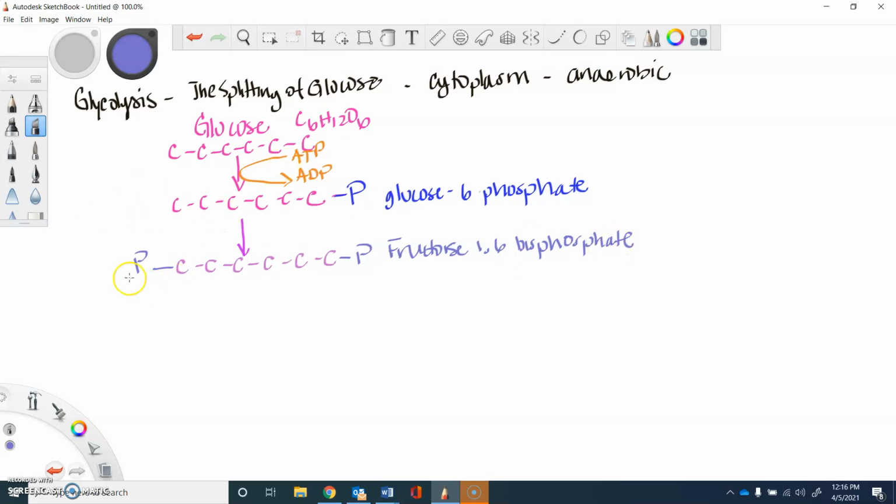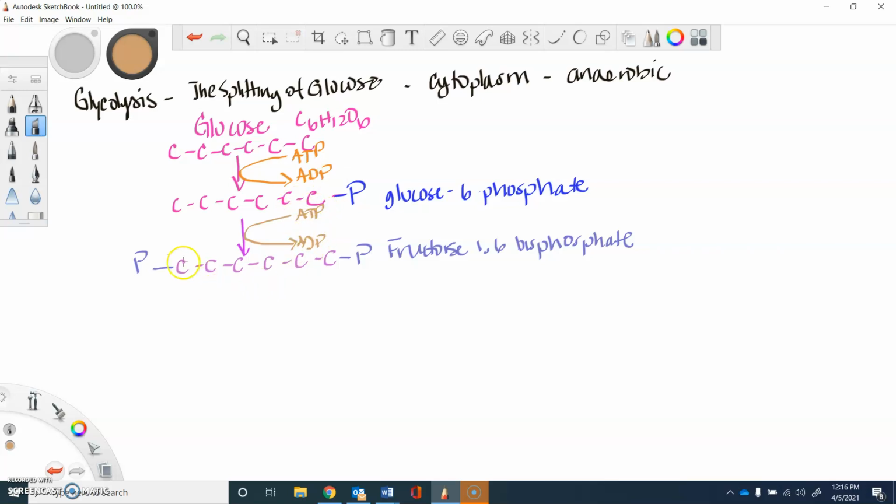So 1,6, we've got a phosphate group on the 1 carbon and on the 6 carbon, and it's 2 phosphates, so bisphosphate. That also costs us some energy. So that also takes an ATP, an ADP, and we get this fructose 1,6-bisphosphate. So the first part of glycolysis costs us energy. Okay?